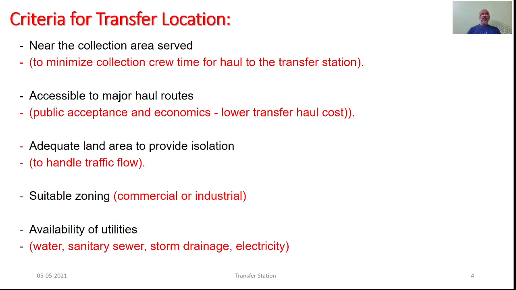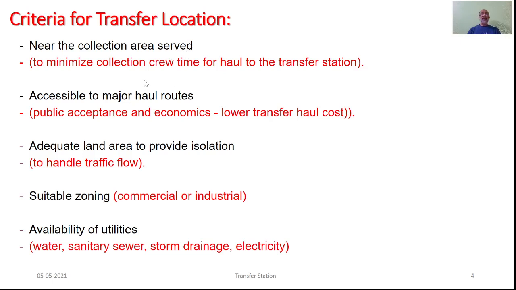We can think of some common criteria in order to establish the transfer station. Its location should be nearer to the collection area which it is serving.